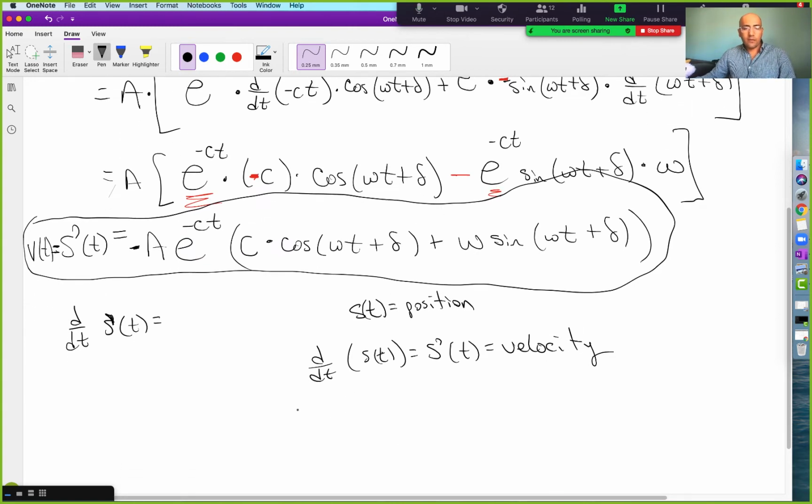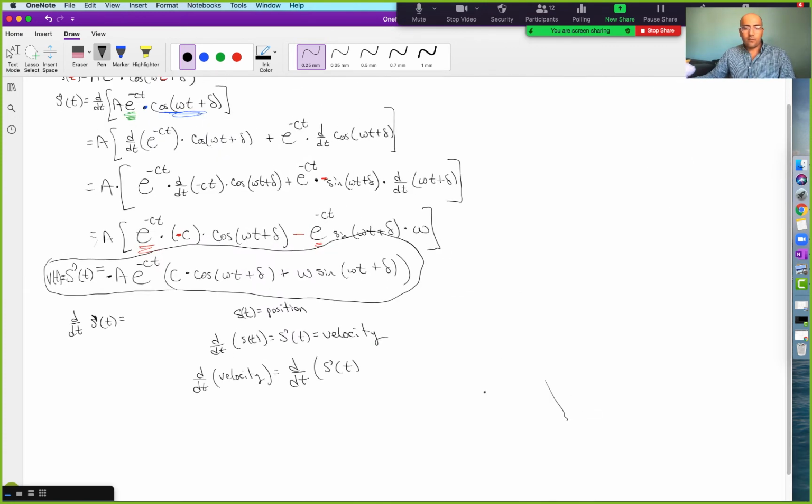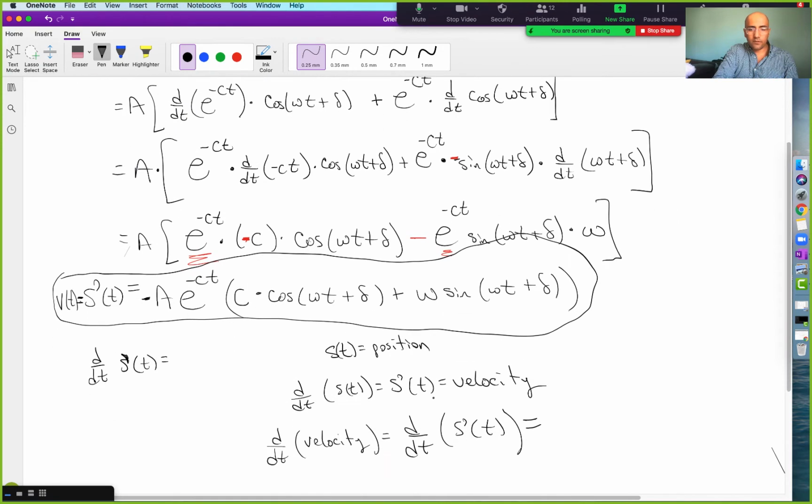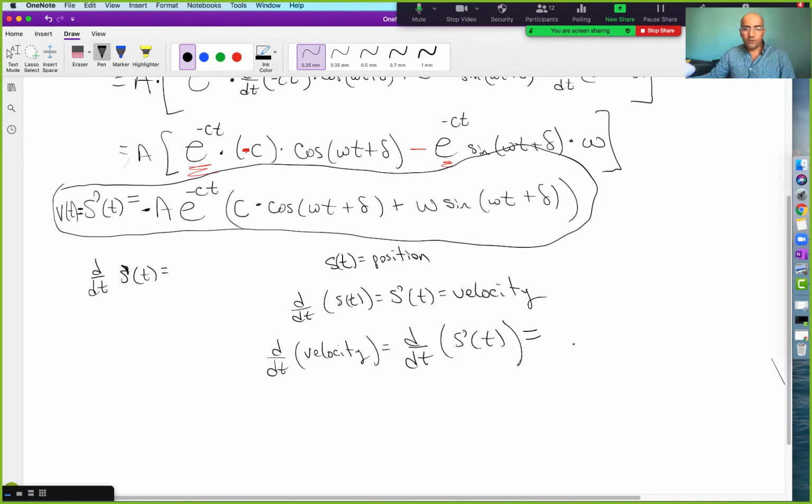And now if we take the derivative with respect to t of the velocity function, which is also d dt of s prime of t, then that is also known as s double prime, right? The second derivative of the position function, which is the first derivative of the velocity function. So at any rate, we just have to go back to this thing and take the derivative one more time, and that'll give us the acceleration function.